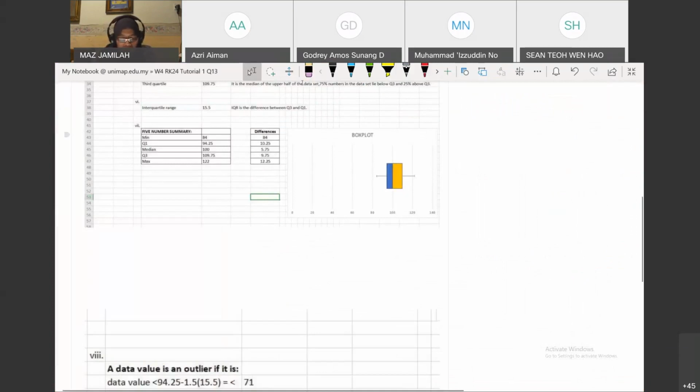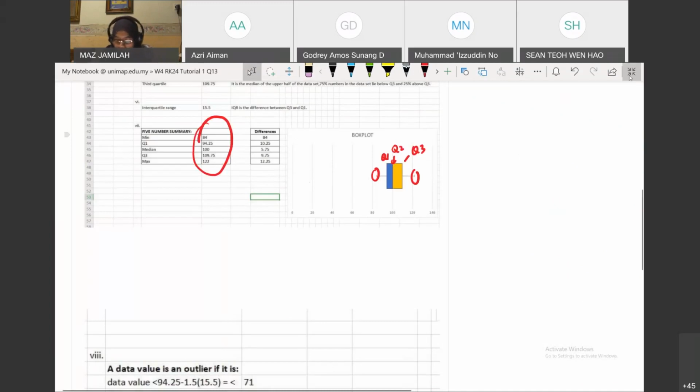The simplest way to see whether you are correct or wrong is to base it on the minimum value, maximum value, the first quartile, the second quartile, and the third quartile. Since the 5 number summary or the box plot is based on the calculation from your Excel, everything will be based on the exact calculation from your Excel.